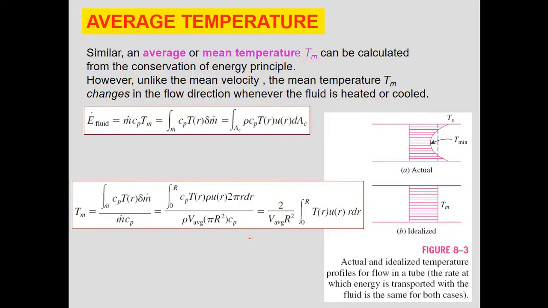For average temperature, we should use the rule of conservation of energy. It says that the energy in the whole system or control volume will be constant.